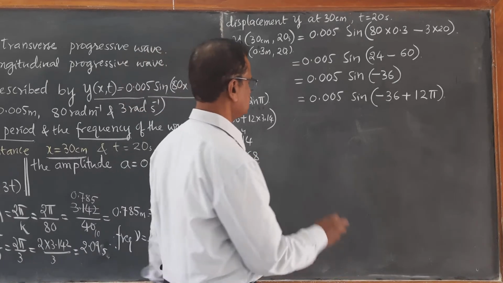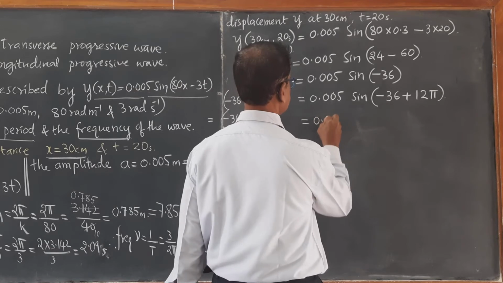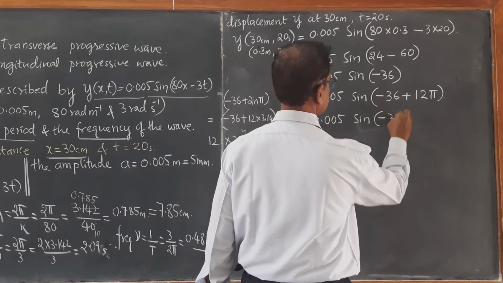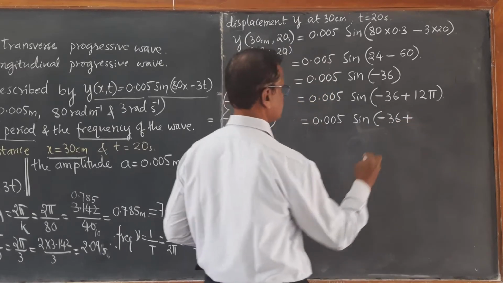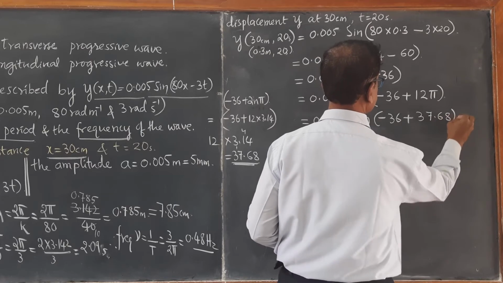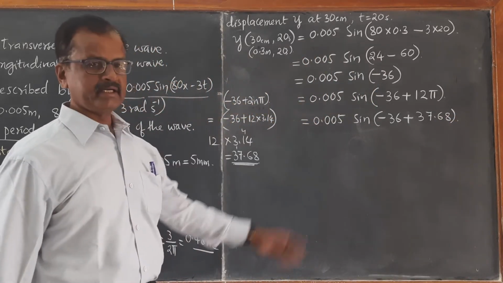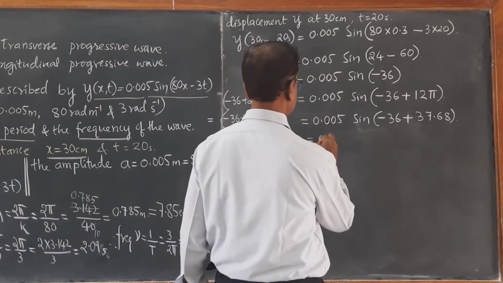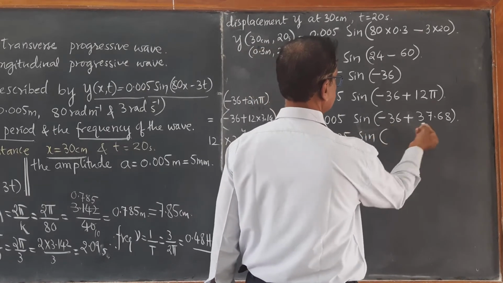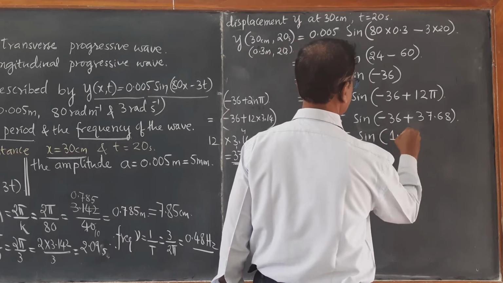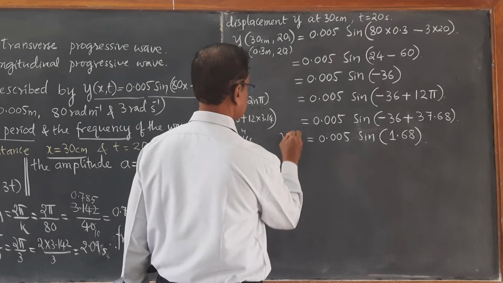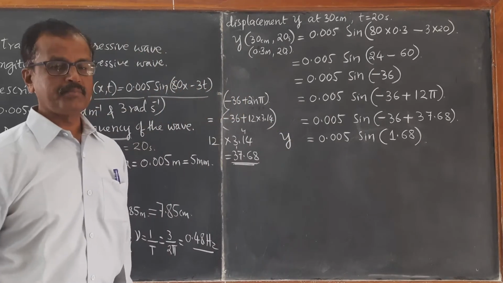So minus 36 plus 37.68. If you subtract now, 0.005 sin of this comes out to be 1.68. So that is the displacement angle, 1.68.